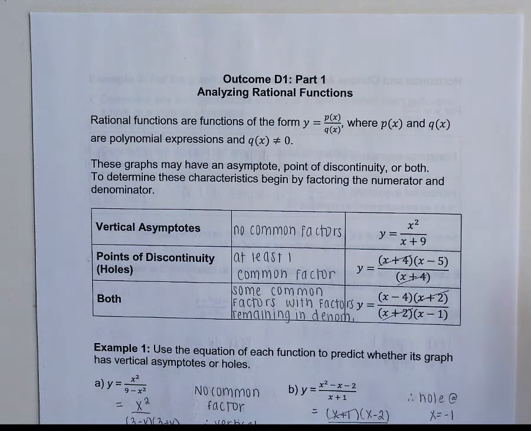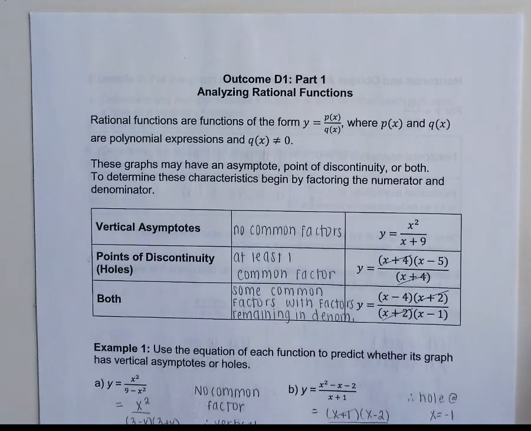Now, the difference is that in this second example, we've got x cannot be negative 4 as our non-permissible value on the bottom. But you'll notice that we have a common factor up top. So this x plus 4 is a factor on top and bottom. When we simplify this rational function, those factors are going to cancel.